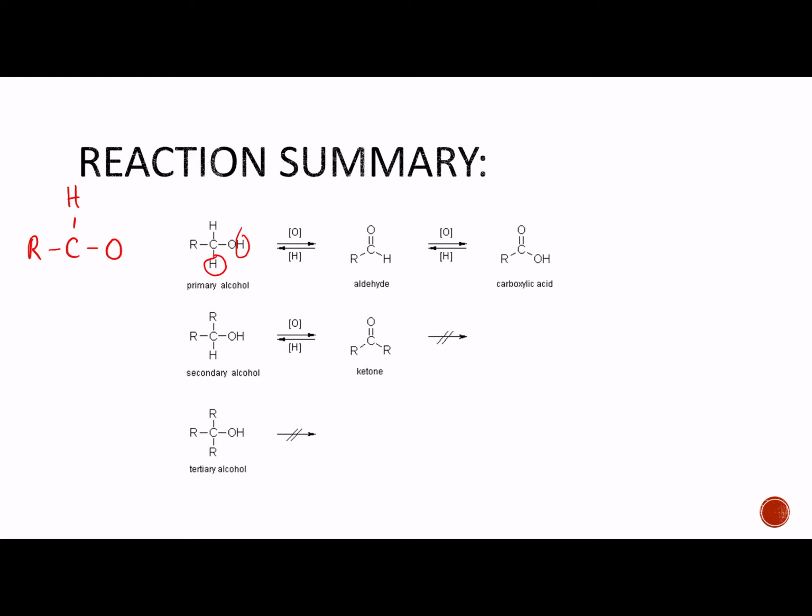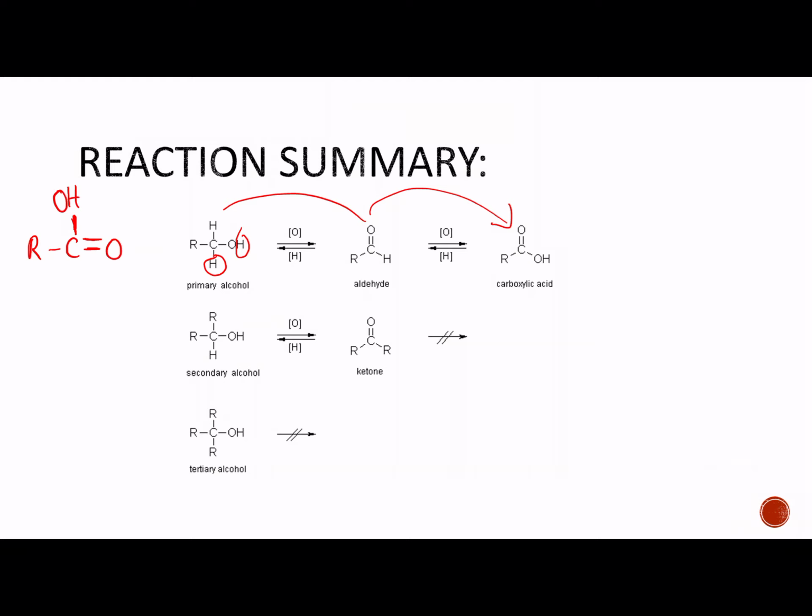So in order for it to satisfy the octet rule, it would have to be a double bond with the oxygen, which makes it an aldehyde. But whenever I have an aldehyde, unless I do specific conditions, which we have not looked at yet, it will actually turn right into a carboxylic acid very shortly afterwards. So what you need to notice is that when you see a carbon with a single hydrogen next to it and you are oxidizing by adding an oxygen, it becomes a carboxylic acid.